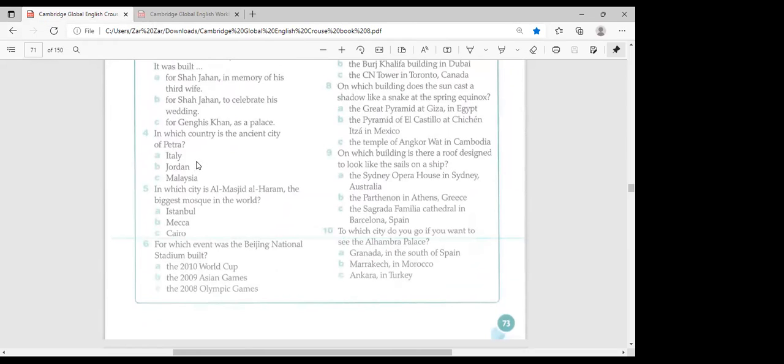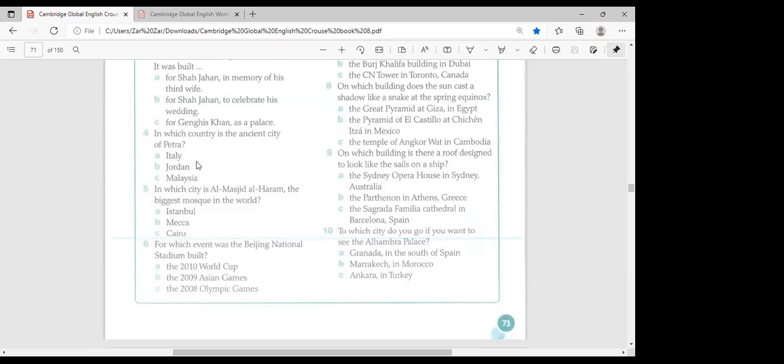In which city is Al-Masjid Al-Haram, the biggest mosque in the world? It's in Mecca, in Saudi Arabia. 4 million people go there every year on their pilgrimage to Mecca. It's the largest mosque in the world, but soon it will be even bigger.